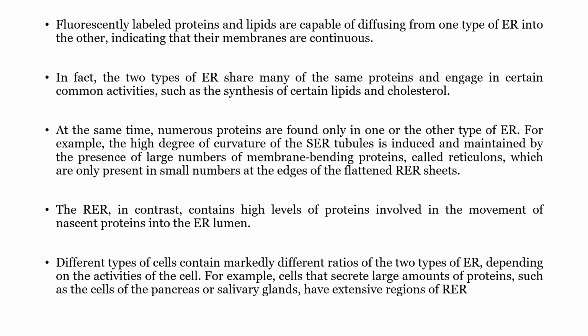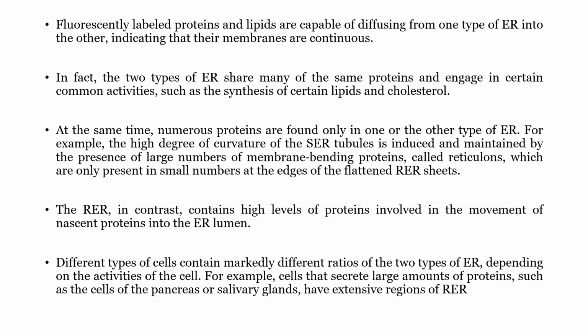When the study was carried out, fluorescently labeled proteins and lipids were tracked through the endoplasmic reticulum. It was observed that these labeled proteins and lipids are capable of diffusing from one type of endoplasmic reticulum to another. So it indicates that these channels and membranes are continuous and interconnected.